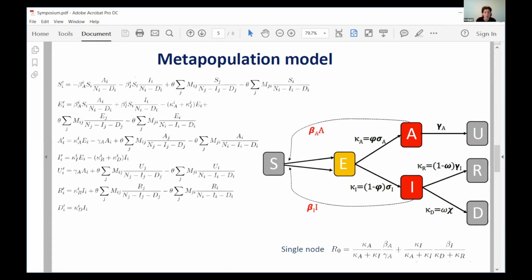The equations, if you're interested, can be shown here. The M_ij's are taken from the previous part that I talked about, the mobility part of the project. Here we make several assumptions. One is that, of course, we care about the proportion of asymptomatic in the living population. That's why we subtract here the dead, the diseased hosts.